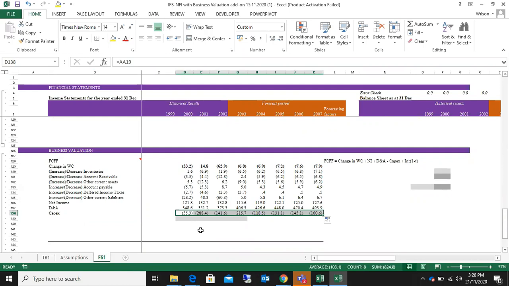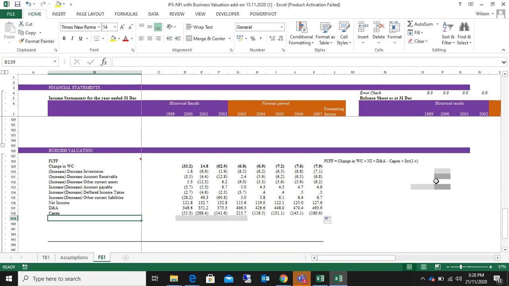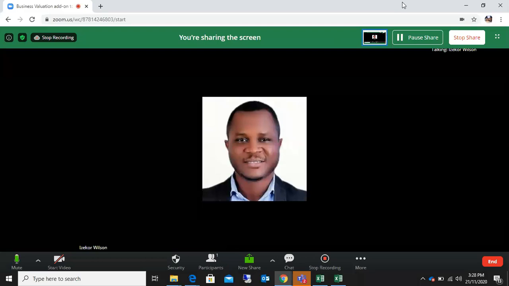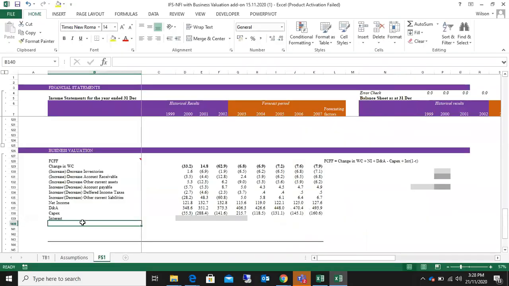Now, the next thing that we would do based on the formula that we have here is the interest. Okay. So the next thing we have to do is to calculate the interest. So how do we go about that? So if you look at it, the interest.